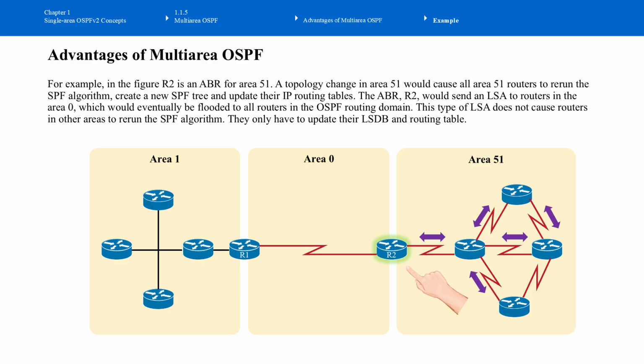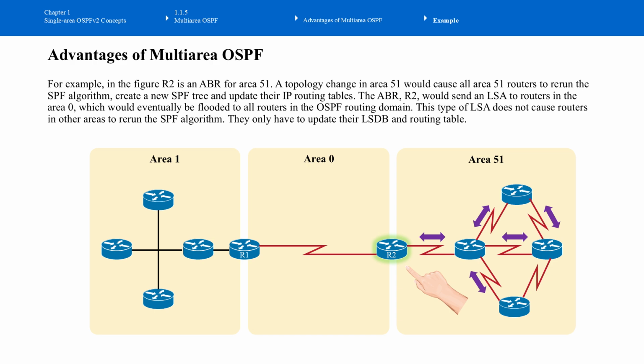Instead of placing every router into one area, the network is divided into multiple smaller areas. This makes OSPF much more scalable because routers only need detailed topology information for their own area. These multiple areas are connected together through Area 0, the backbone area.